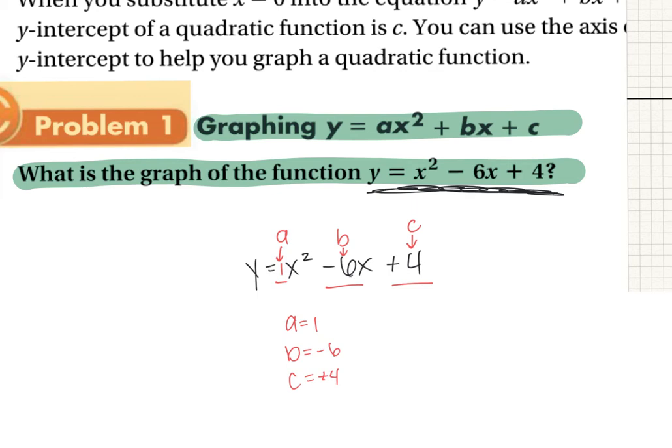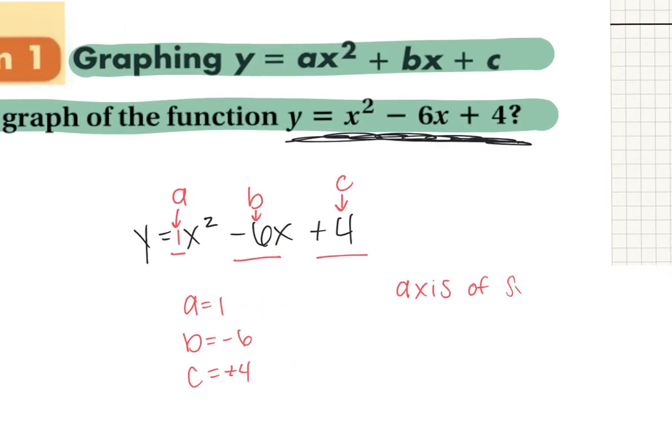So, our axis of symmetry, write this down. Axis of symmetry is x equals -B over 2A.